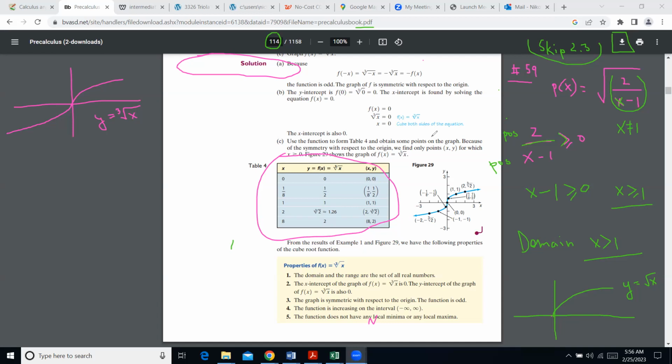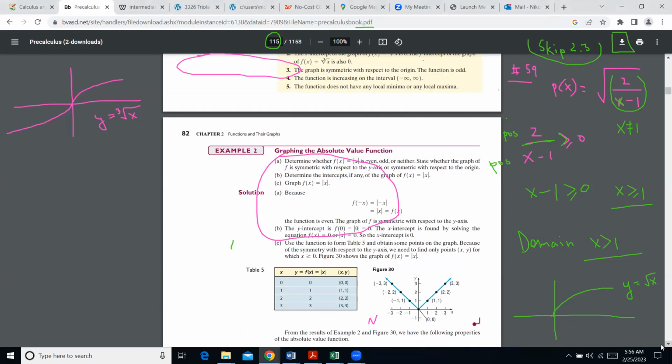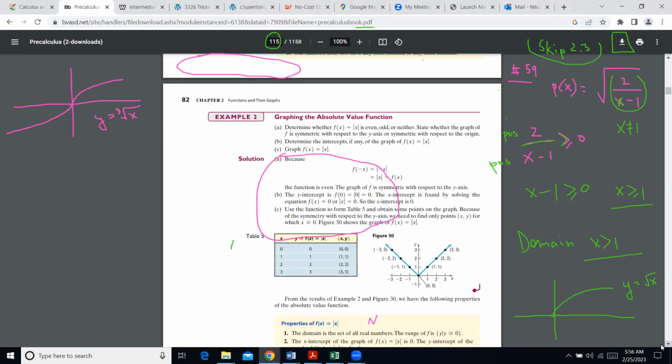But I guess our goal is to be familiar with the fact that square root and cube root are kind of similar to each other. I know you may see it for the first time, so you'll see it again and again and eventually get used to it. And that's the idea, to look at these standard functions to get used to them.